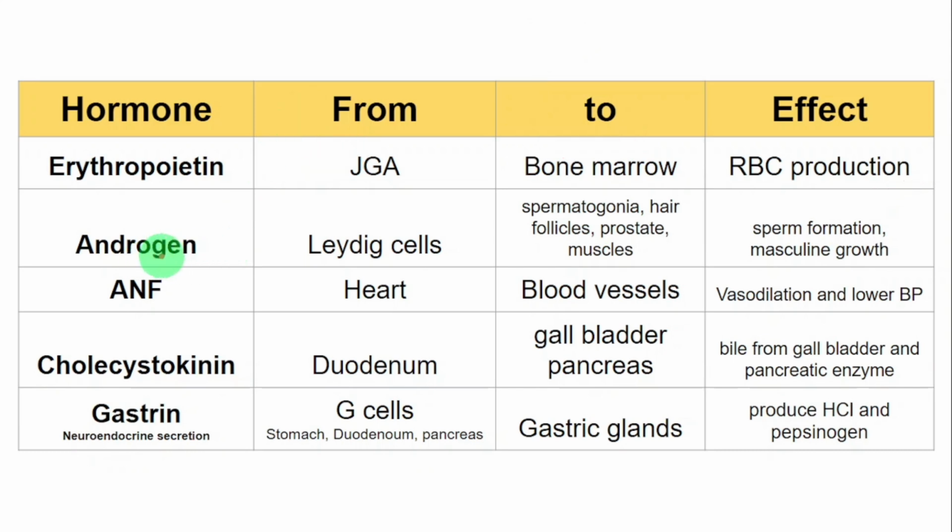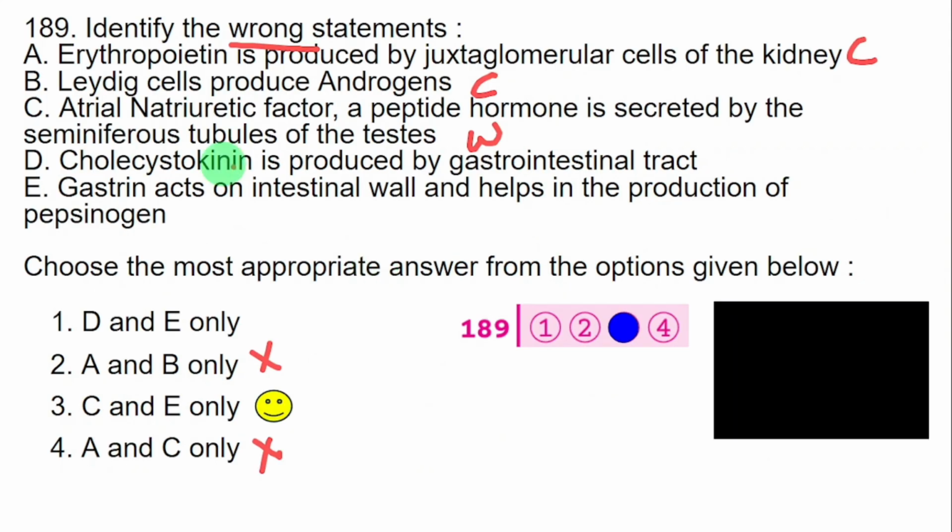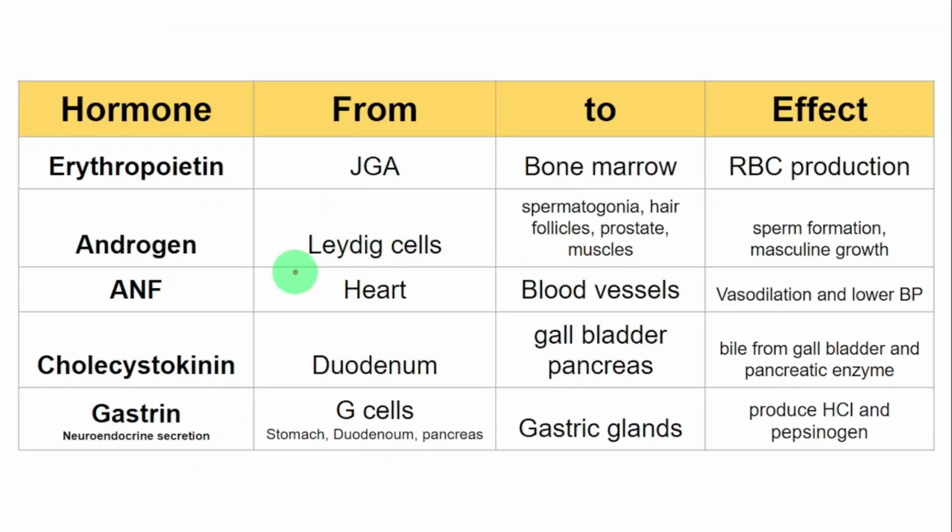Next one, androgen. Let us read the statement also. Leydig cells produce androgens. So yes, Leydig cells produce androgen. Another name for Leydig cells is interstitial cells. In between the seminiferous tubules, these cells are present and they are stimulated by luteinizing hormone.